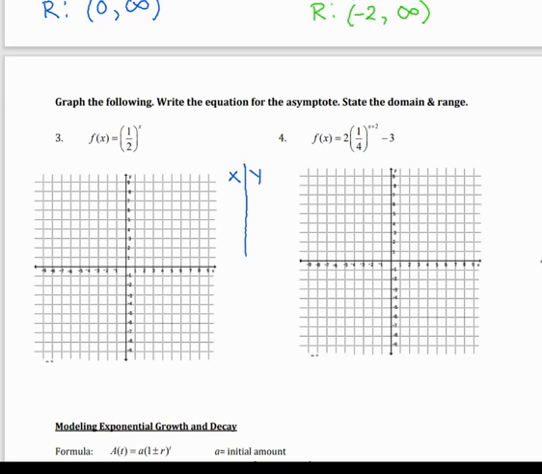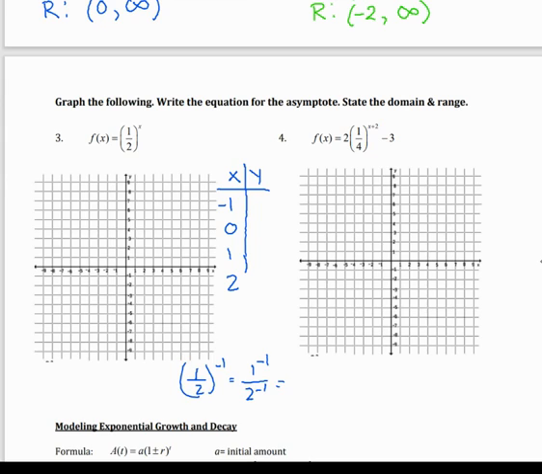And so for this problem, again, it's a parent graph, so I'm just going to test -1, 0, 1, and 2. When I plug a -1 in here, remember what's going to happen is that both of these are going to get -1s.